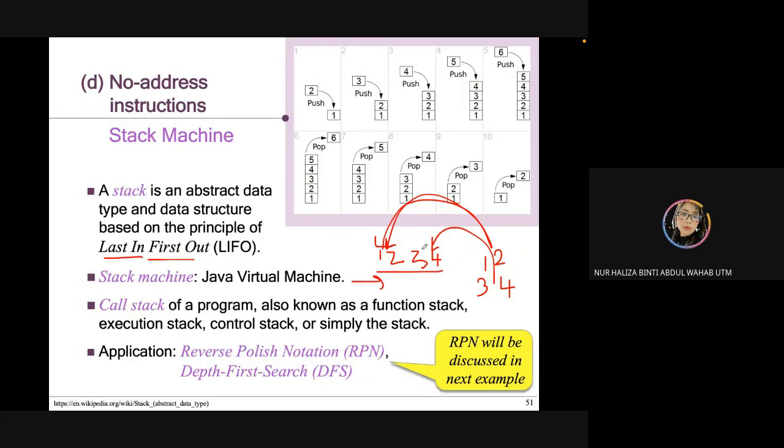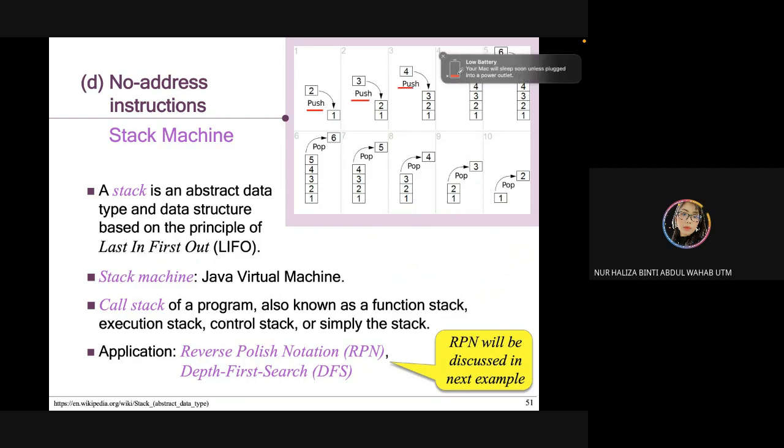Tapi when you want to fit in, you going to push yang ini dulu dan kemudian baru ini. Ini yang last kali yang akan keluar dulu. So we call it as push, push, push, push. And then we push and we're going to pop one by one.